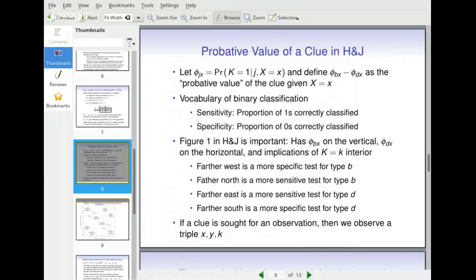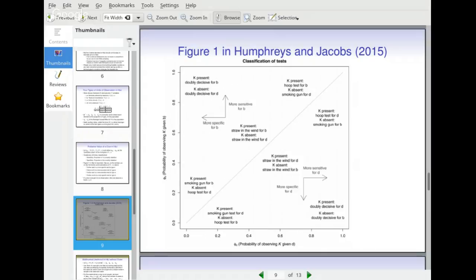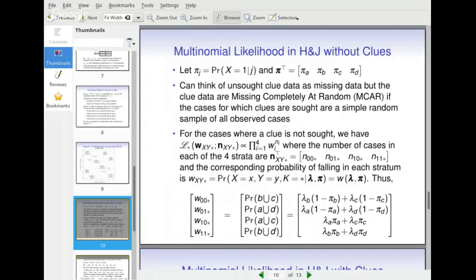Yeah. So, if you're on the diagonal, you've wasted your time and effort getting these clues because they don't tell you anything about the two types, irrespective of whether the clue is observed or not, or K equal 1 or K equal 0.